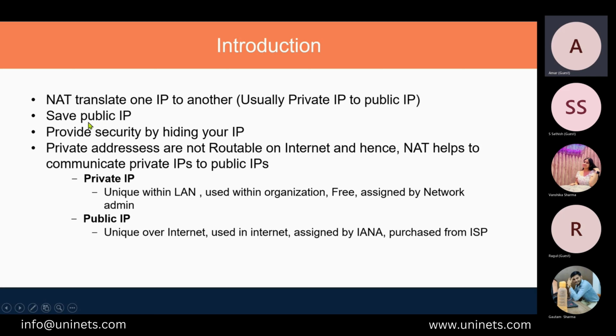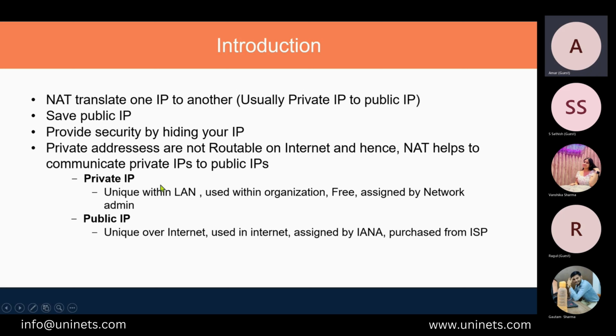So using NAT, if that computer wants to access the internet, you can translate that private IP into a public IP and it can communicate over the internet, because on the internet all the devices have public IPs. As you know, private addresses are not routable over the internet, and hence NAT helps them to communicate over the public network.